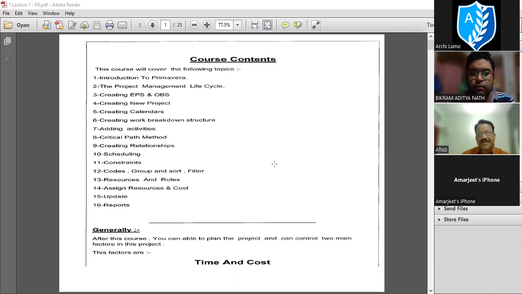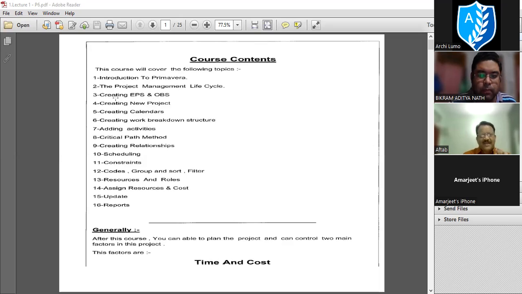What is a project? What are activities, critical path, relationships, scheduling, constraints, some filters regarding codes, groups, and sorting, resources and roles, assigning resources and cost, update and reports. All this will be covered in our P6. Some more things are there. These are just the course content outline.